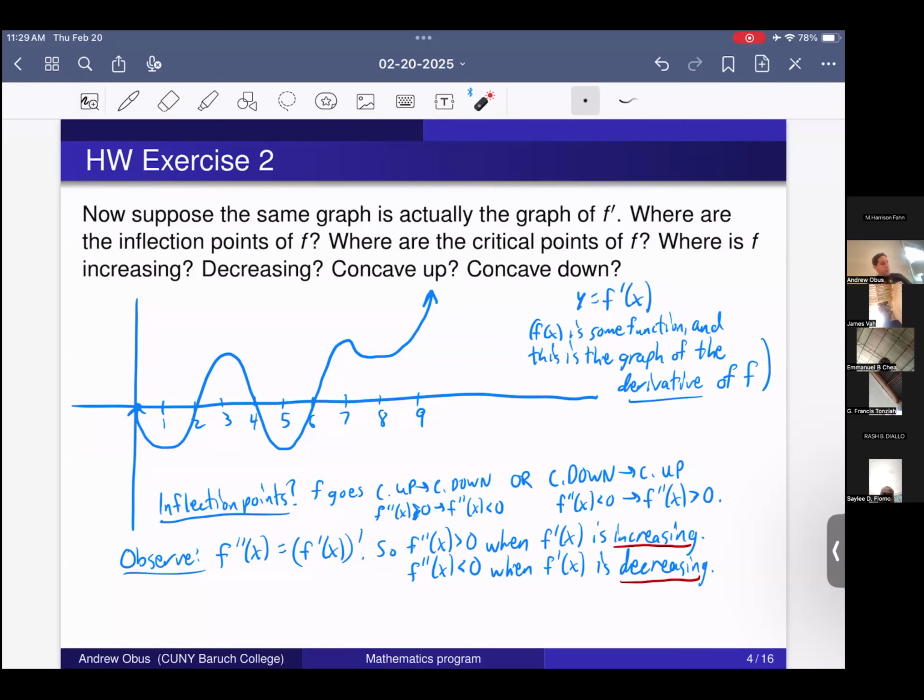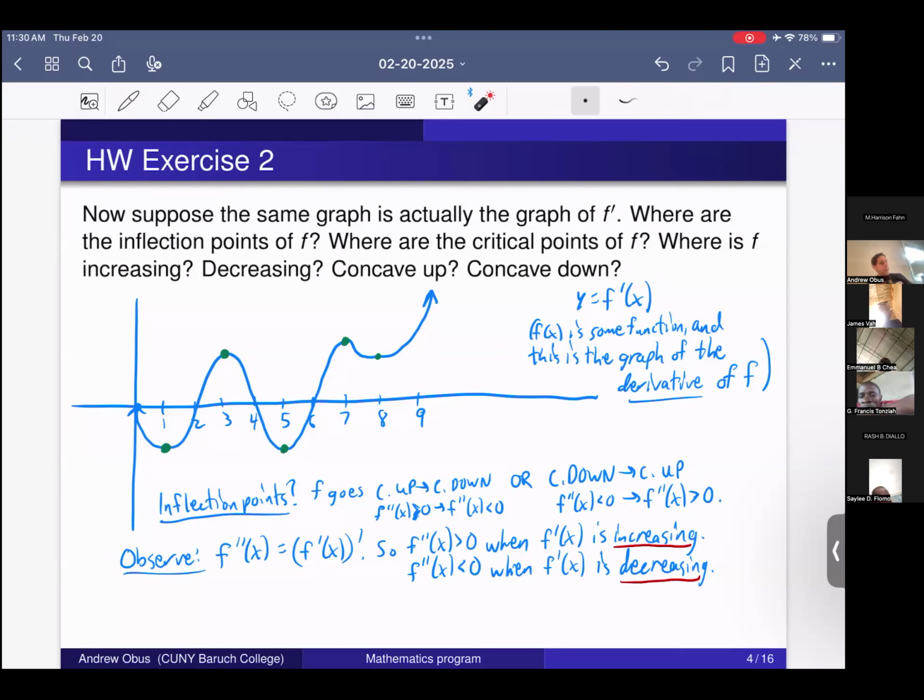If this is okay, then what are the inflection points? We look to see where f prime goes from decreasing to increasing, and that's exactly going to be at these local minima and maxima. So I'm going to label all these points where it changes, because here it's decreasing, then increasing, then decreasing, then increasing, then decreasing, and then increasing.